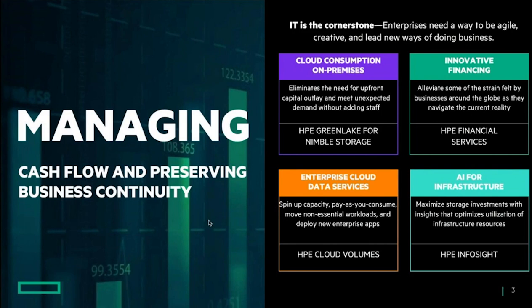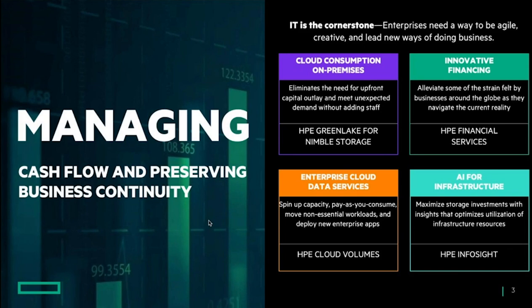Managing cash flow and preserving business continuity. COVID-19 has created unpredictable global supply and demand that's requiring companies of all sizes to convert business investments from capital to variable expenses. For IT, the traditional way of procuring infrastructure just won't cut it.